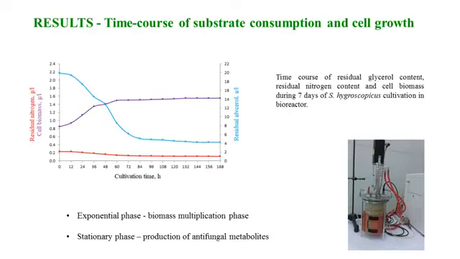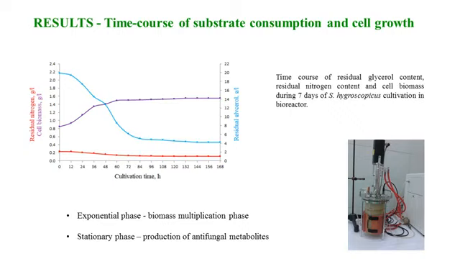In order to define the course of cultivation in the laboratory bioreactor, the content of the most important nutrients, carbon and nitrogen sources, was measured during the cultivation. Also, the change in dry weight of the cells was monitored as an indicator of the change in biomass content of the producer microorganism.